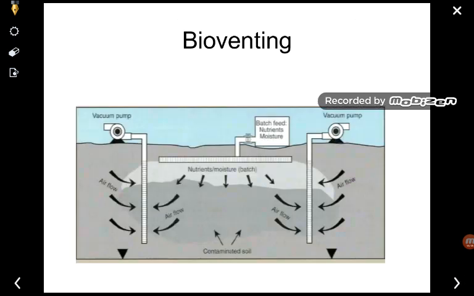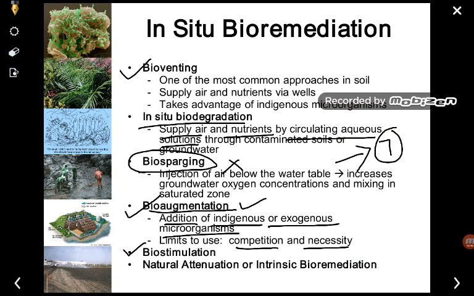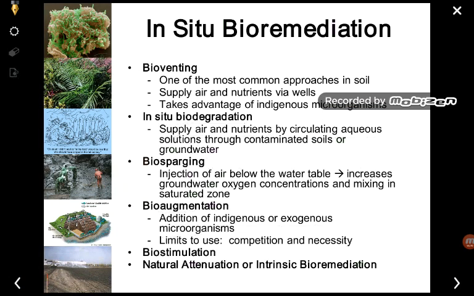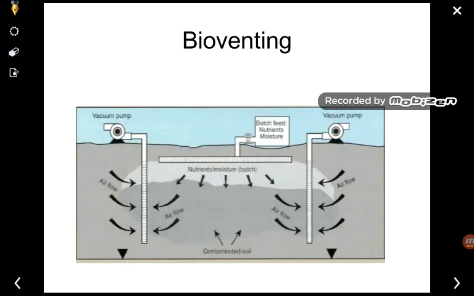So here we have seen in the in situ bioremediation, that is bioventing. I said that in case of bioventing we supply the air and nutrient in the well. So here we can see a well.